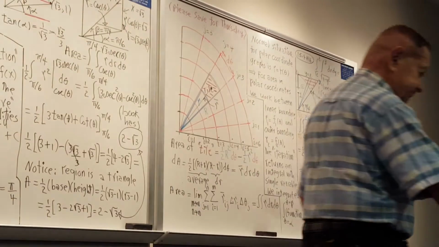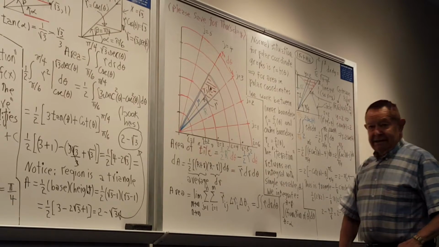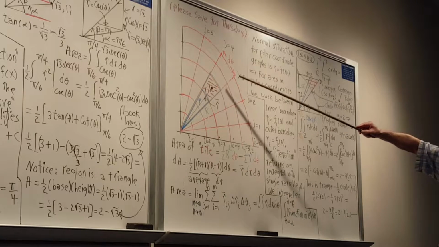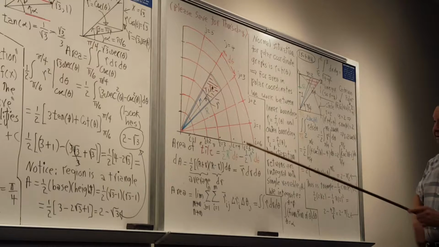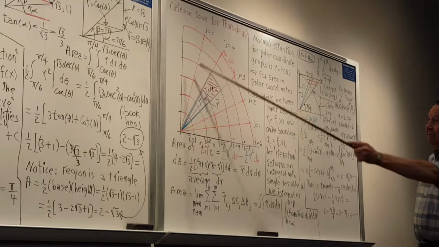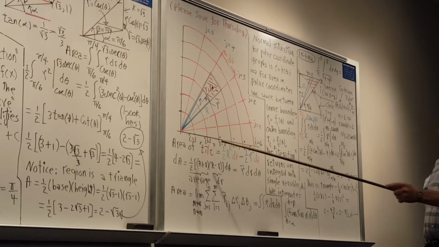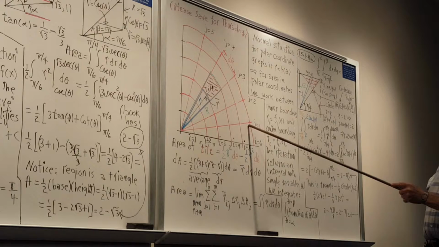And so what you can do to set up a Riemann sum for this is you can say you're thinking about this portion of the plane, and you can draw rays.